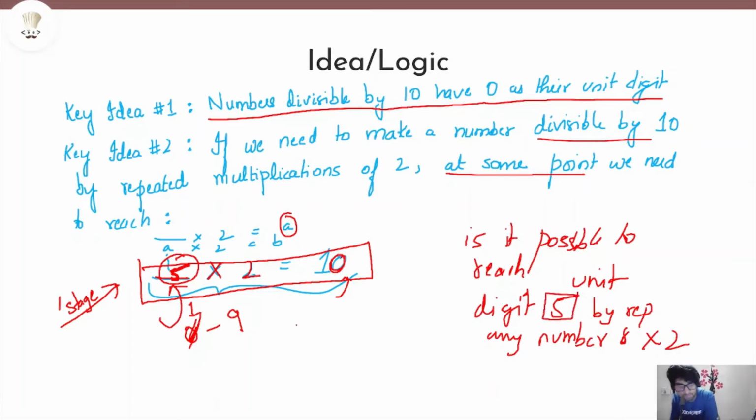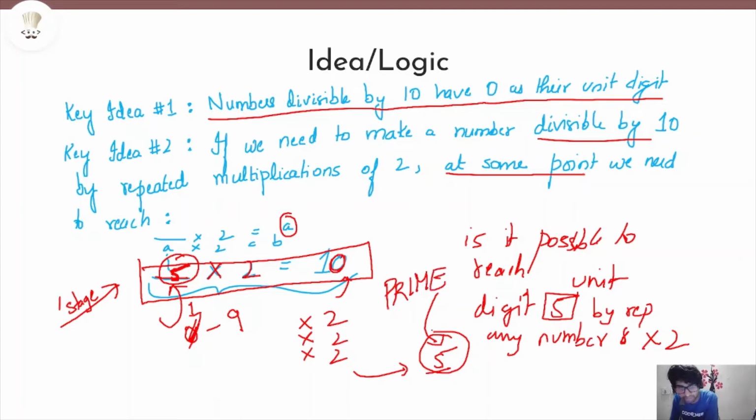This would mean that we did something into 2, something into 2, something into 2, and we have the units digit of 5 at the end of this operation, which in turn means that we have a set of numbers that we can multiply to get 5. But 5 now is actually a prime number. This number 5 actually has only 2 factors.